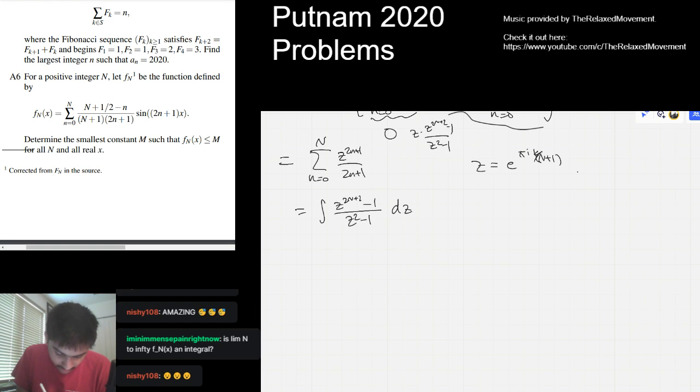I'm going to use a different variable because it's not the same z. Let's just call it x. How does one evaluate this integral? x to the n.